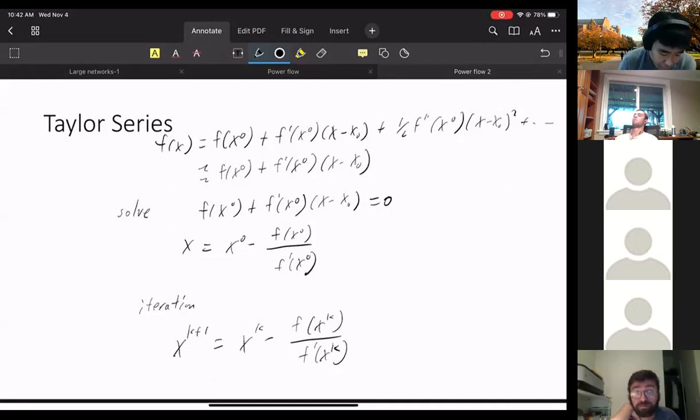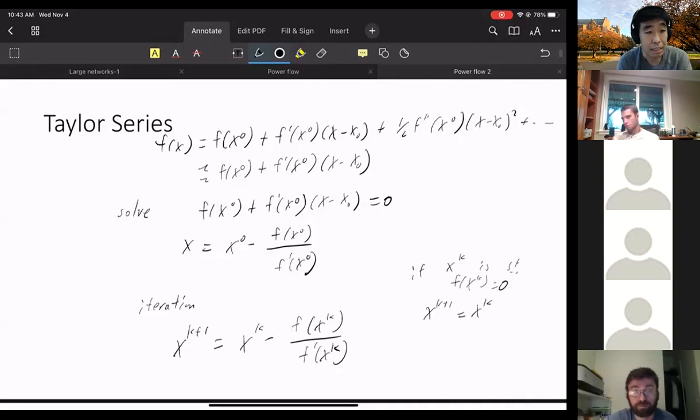And the hope is, if xk is such that f(xk) equals 0, then xk plus 1 equals xk. At least this sanity check works out. If you happen to find a point that solves the nonlinear equation, then your update stops.